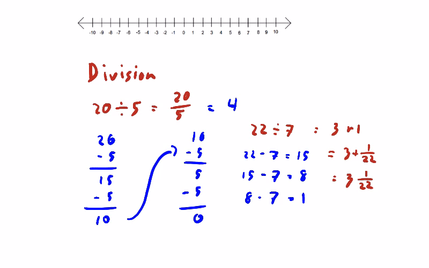So if we consider all of the operations from the beginning, we can look at them in a very ordered way. We started with addition. If we want to do the opposite of addition, we can do subtraction.